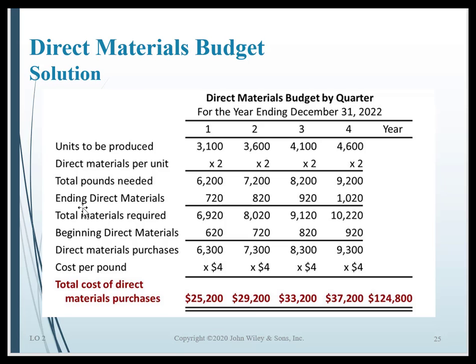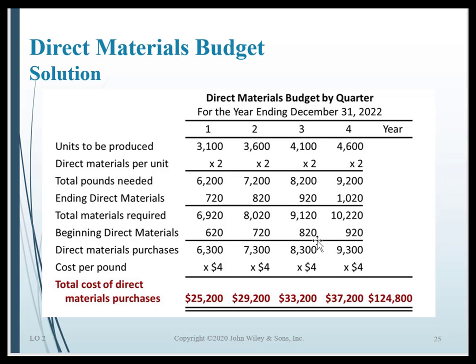We started off with ending direct materials as 720. Where do we get that? We said we want 20% of next period sales. That's 720. Here's 820. What's that? That's 20% of 4,100.